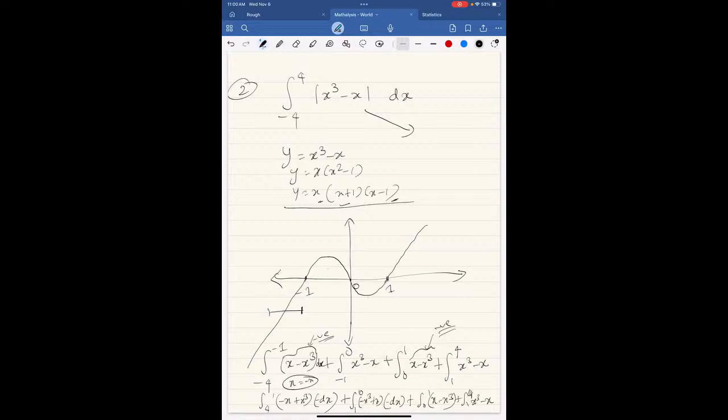Okay. Now we are solving this integral. So over here, what I have just done is I have made a u substitution. I changed x to minus x, so as to make the limits positive.